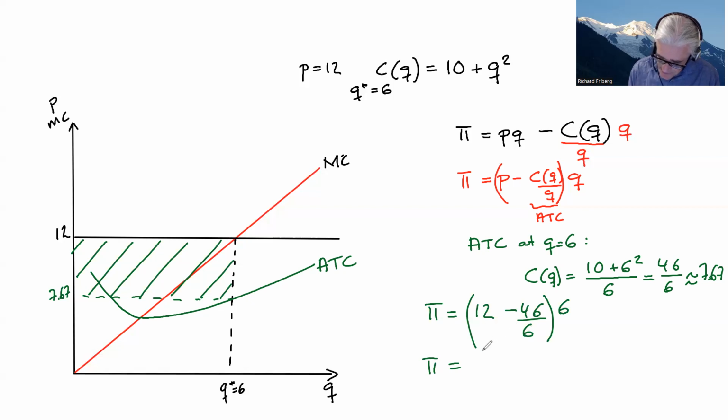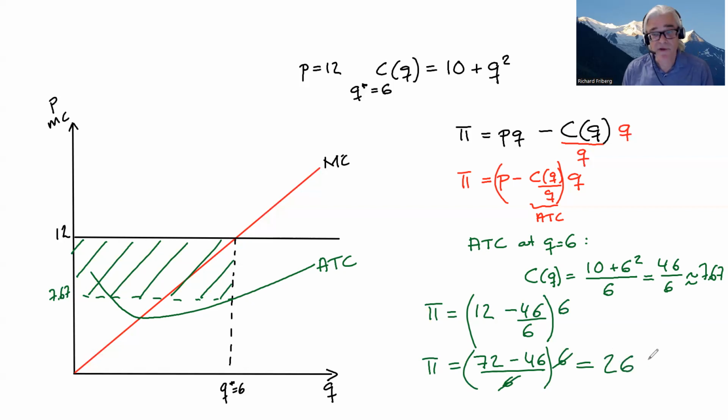So 6 times 12 is 72. So we have 72 minus 46 over 6, like this, times 6. So the 6's cancel, and we get a profit of 26. Okay, so this is how we can depict profits in a figure, and we're going to be using that quite a bit in economics.